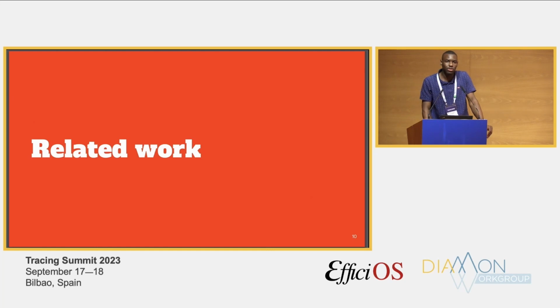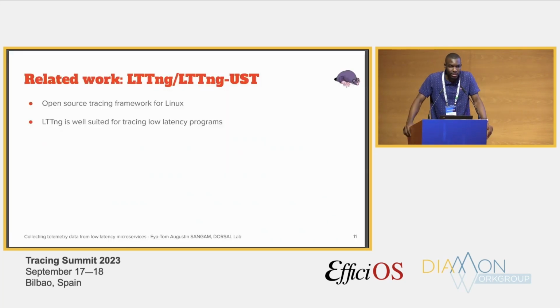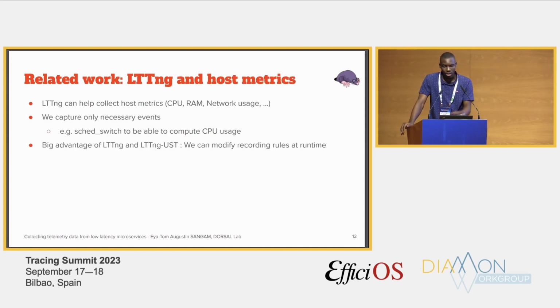Let's talk about tools now that have been created to help us do that. The first is LTTng. It's been there for a while now, and it's very good at tracing low latency programs in general. How LTTng works is that it just captures kernel events.